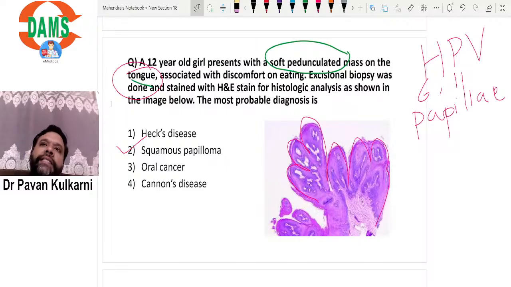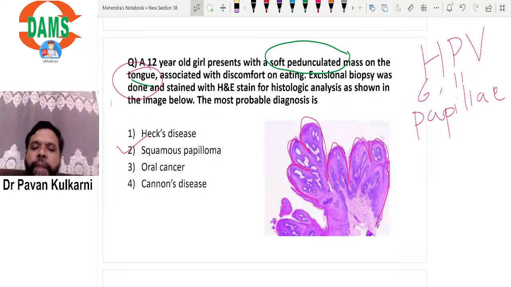We have discussed some during our classes, but I am expecting some important histological images, which I will upload as a PDF. I will inform you on the WhatsApp group as soon as it is uploaded. Please go through it. It is definitely going to be a last-minute revision for the histological images for oral pathology. Definitely it is going to help you.